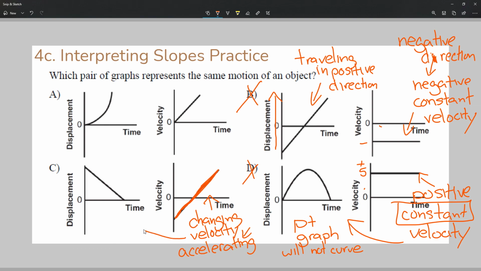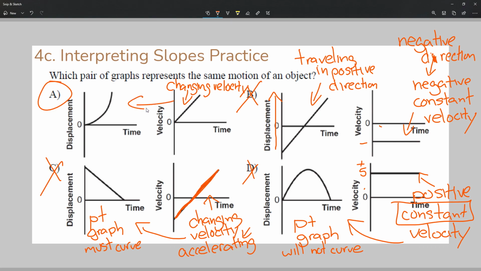And if you are changing velocity and you're accelerating, well, your PT graph must curve. And well, does it curve here? Nope, it's wrong. And so you're left with A. It makes sense, right? So this is a changing velocity. And so, well, your graph must curve. All right, and so that's the end of the practice question.